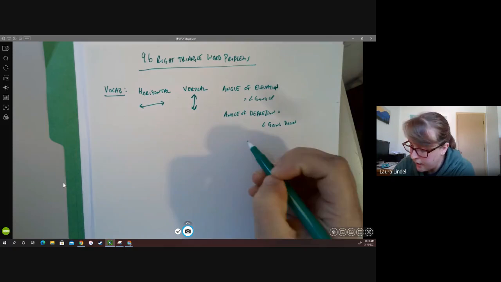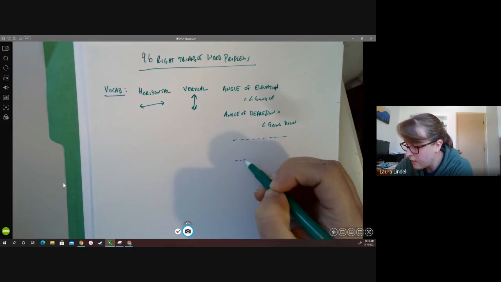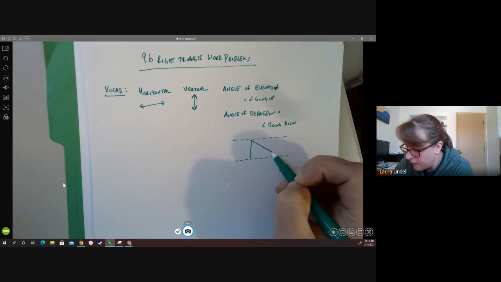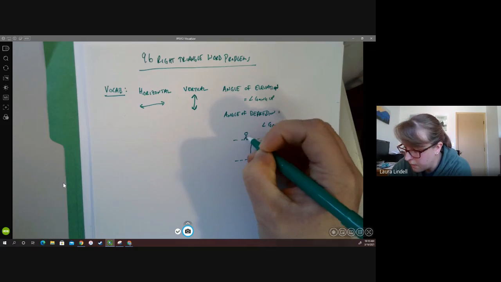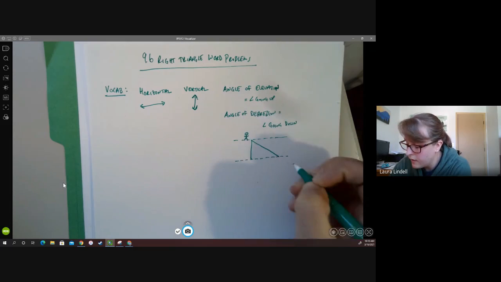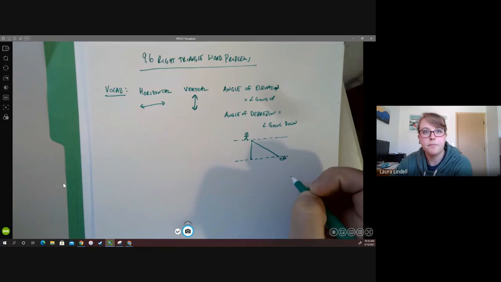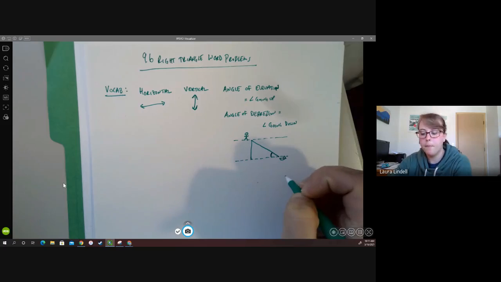However, when we talk angles of elevation and angles of depression, if I've got a person that's standing up here and a duck, like that one problem, down there, the angle of elevation from the duck to the person is this bottom corner angle here.